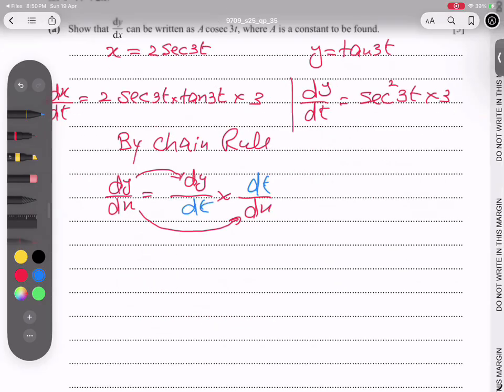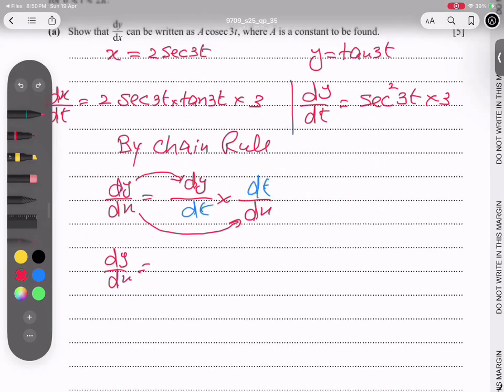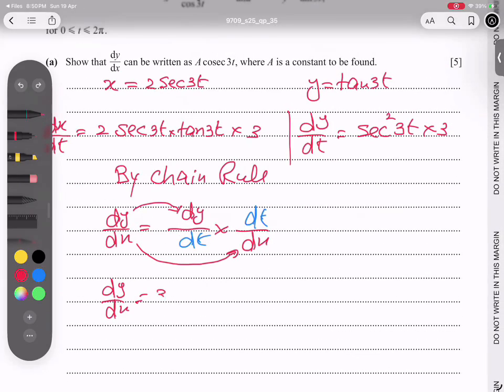And I'm going to apply it. So dy over dx equals this, as it is, no change, 3 secant square 3t. This value is the same but reciprocal, so I get 1 over 2 secant 3t tan 3t, and into 3.